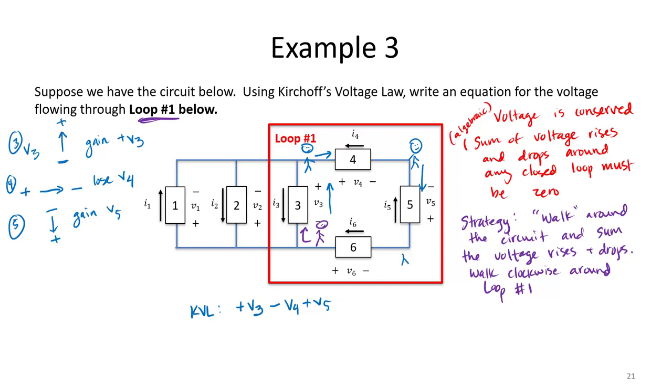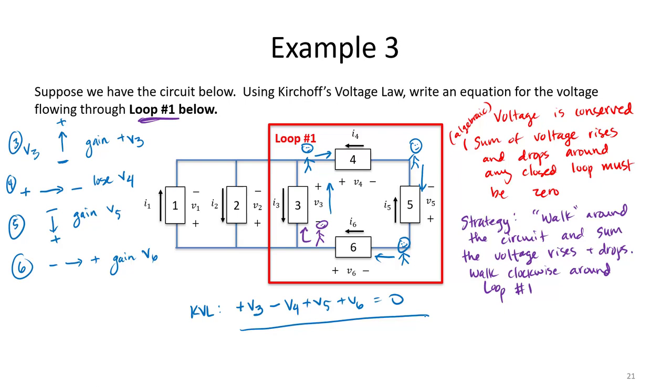And finally, I'm almost back to where I started. I'm about to walk across V6 and component 6. And notice in this case, I'm going from the minus to the positive. So I'm going to gain V6 by the bank account convention. So those are my 4 voltages. So I know by Kirchhoff's voltage law, the sum of all the voltage rises and drops around that closed loop, that sum must be 0.